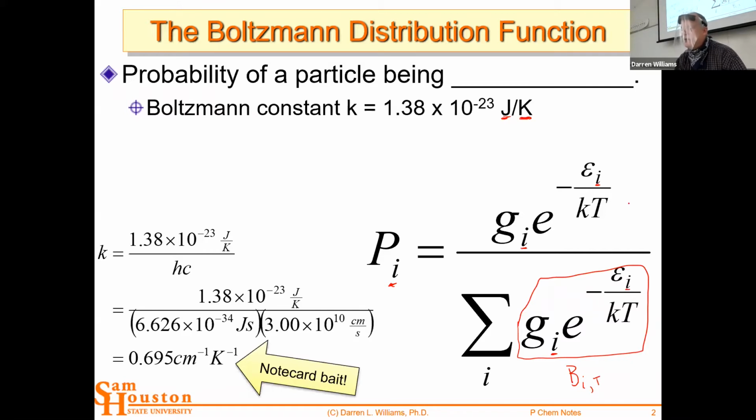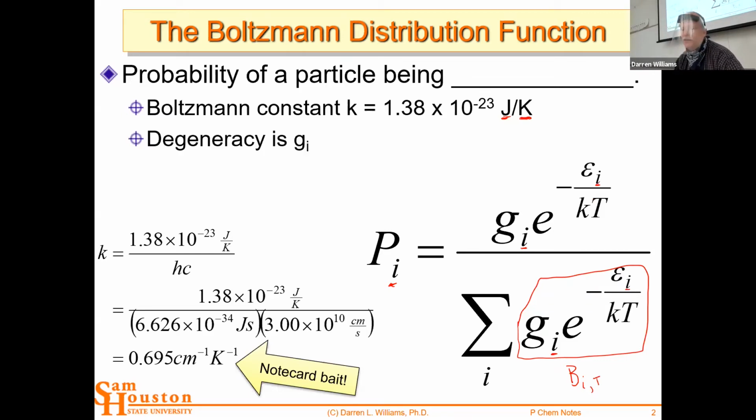And that's what it's doing here in this Boltzmann distribution function. We have Boltzmann's constant times temperature, which gives us energy. And we're taking the energy of the quantized state and comparing it to that energy that we have in the room or in the thermal system. And so it's always this ratio. How much energy do I have available because of the temperature I'm at compared to the energy of the quantum states? And it's an exponential dependence upon that ratio.